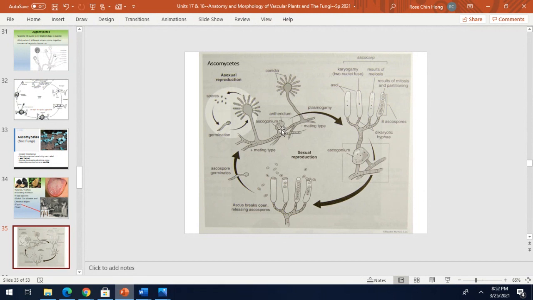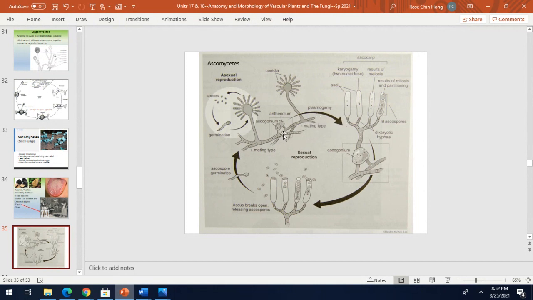So once they're ready to mate, they go through the plasmogamy procedure here. So you have two different types. Let's call the nucleus in the plus mating type the dark one, and the negative one the lighter nuclei.